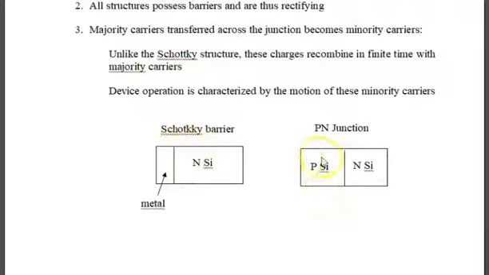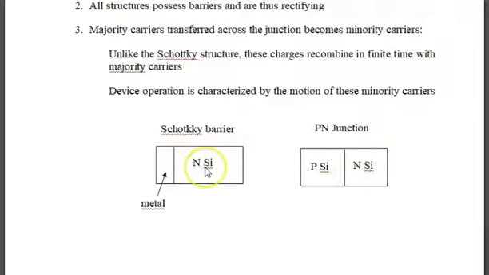And here, of course, are just two pictures. The Schottky barrier, which shows the N-silicon and the metal. The metal here is basically the contact point. If one biases this, we put an electrode here, an electrode here. The metal is really the contact point, whereas the p-n junction will have to have a separate contact here and a separate contact here.